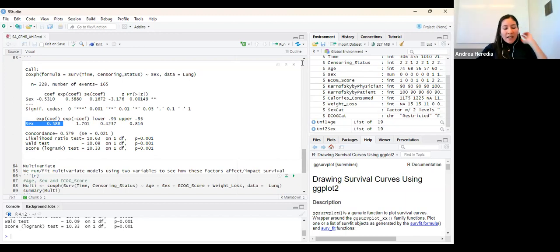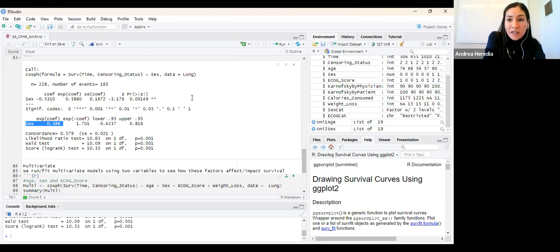Okay. It's basically your probability of having that event in the observed time compared to whatever other category that you're looking at. In this case, we're looking at the difference in sex, females versus males, and our reference is males. So this is basically saying that being a female is associated with a good outcome.